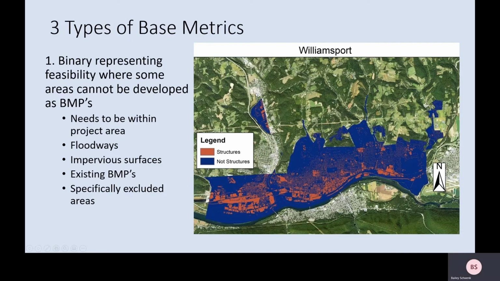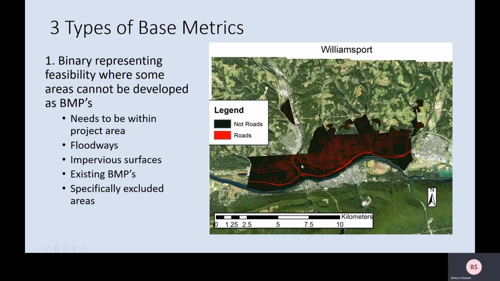Some more of these parsed out areas included the structures, because they cannot build BMPs where there are existing structures. And finally, the roads needed to be parsed out because they could not build BMPs where there are impervious surfaces.